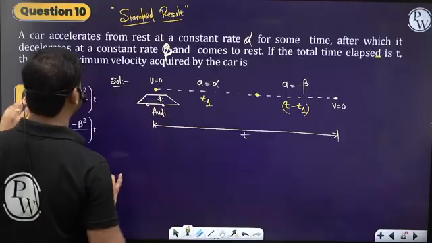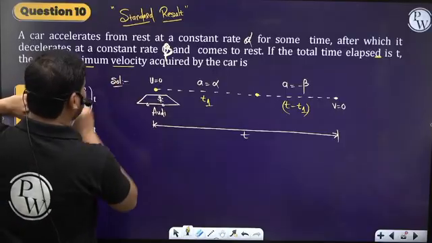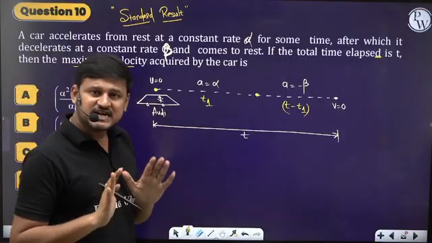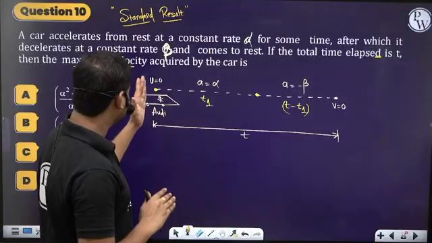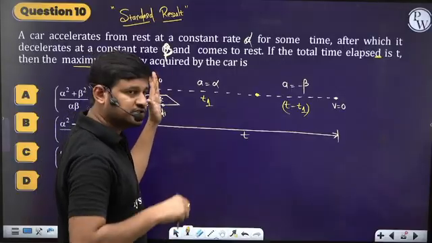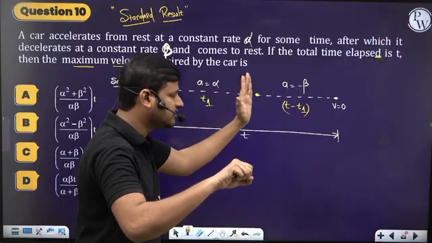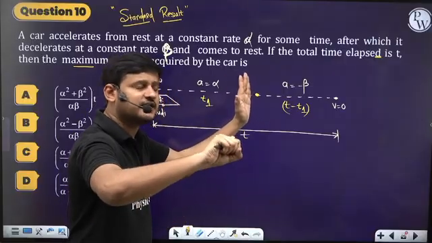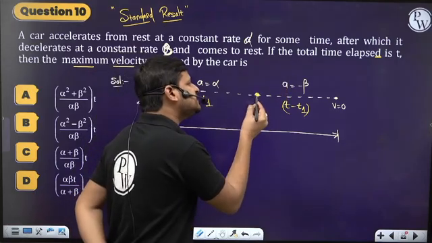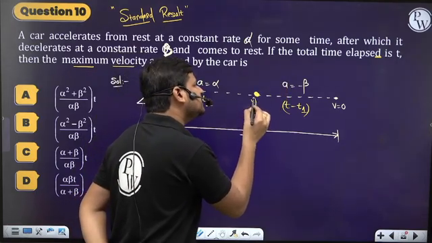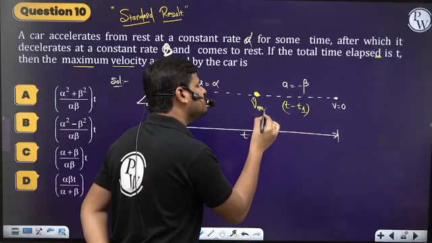Again the same thing I am applying. So first what you have to find? Maximum velocity. First understand where the maximum velocity will be attained. Body starting from rest, accelerating. Till here it accelerated. From here it is retarding. So wherever it starts retarding, at that point the velocity will be maximum.